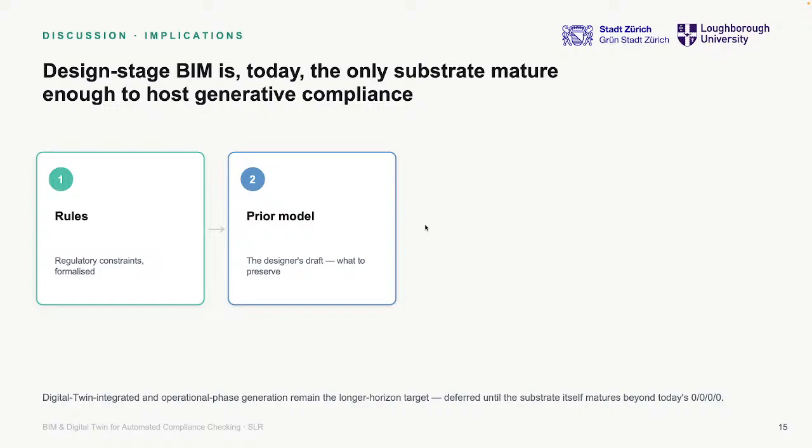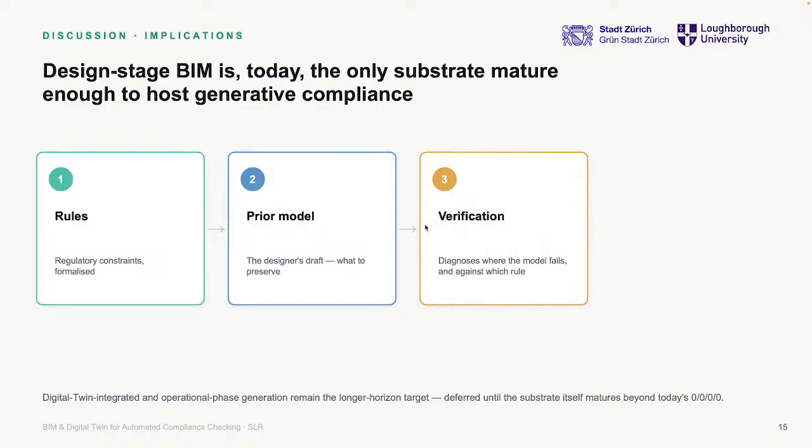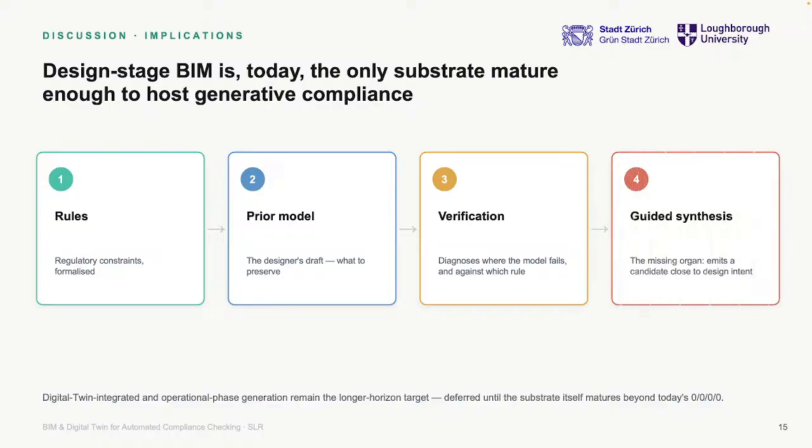Then we have a prior model, or the sketches, that represent what the designer proposed and what has to stay consistent, right? Next is the verification, which gives us the diagnosis and tells us what needs to be fixed to be compliant. But now we're going to use these three as an entry to go into a generative part.